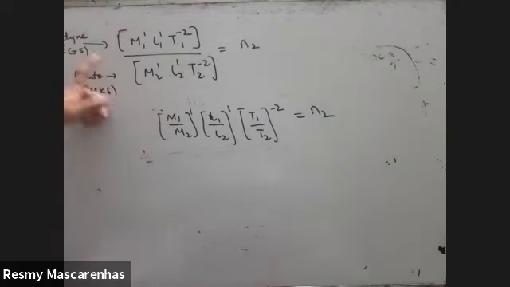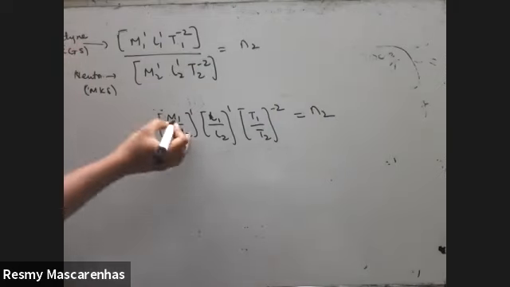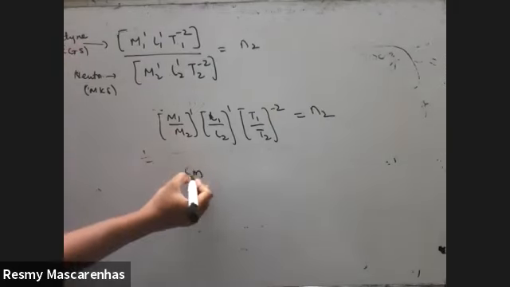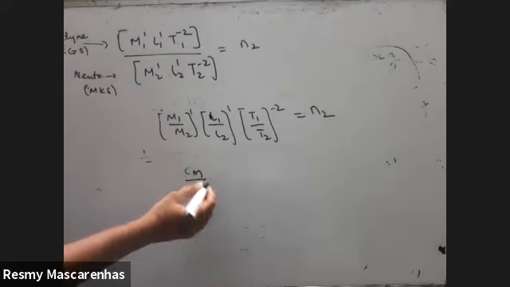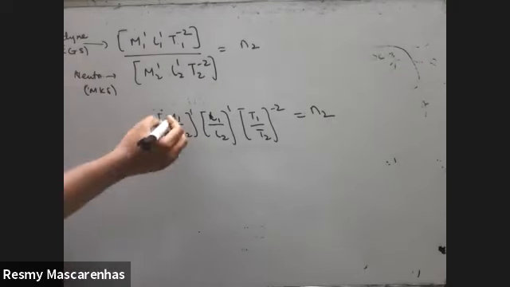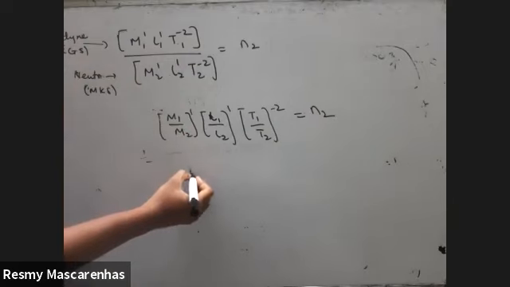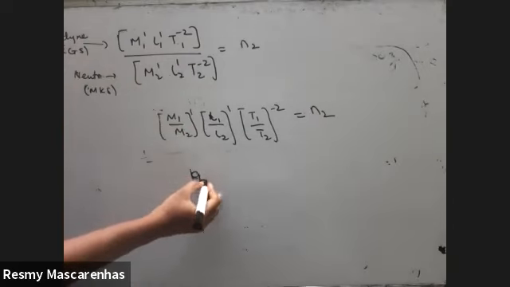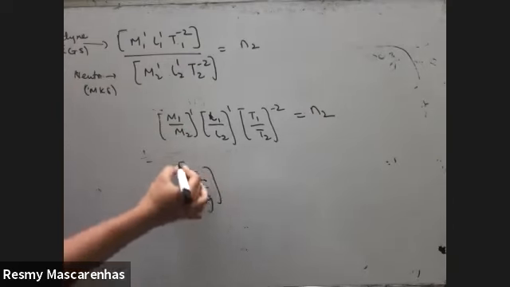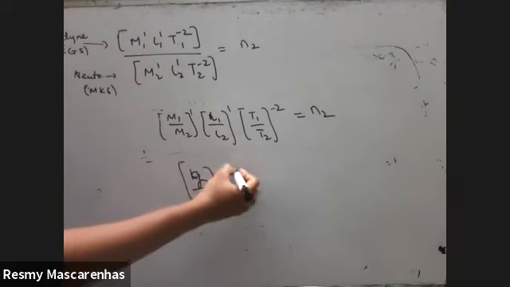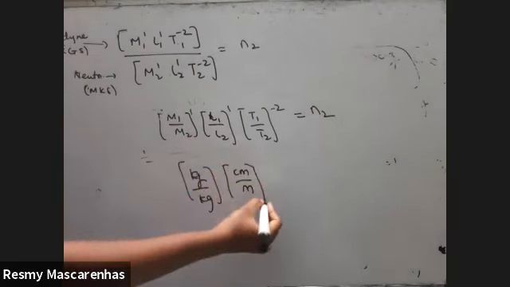The top one is CGS. This will be in terms of centimeter. Sorry, mass, no? This will be in terms of gram, and this one will be kg. And length in centimeter, this one will be meter.